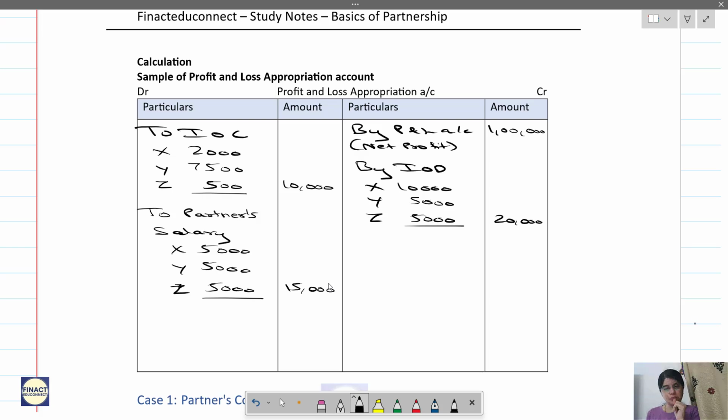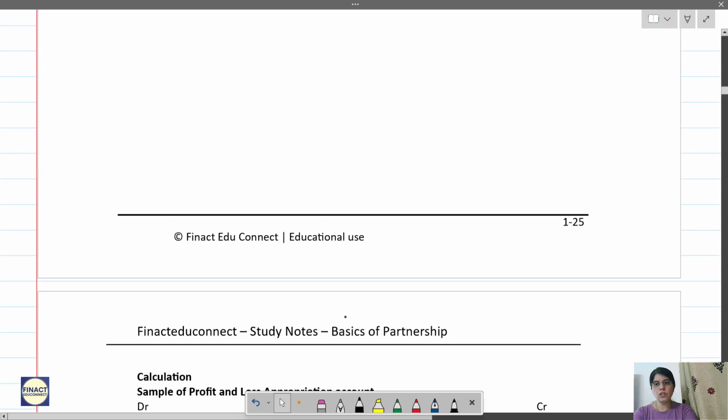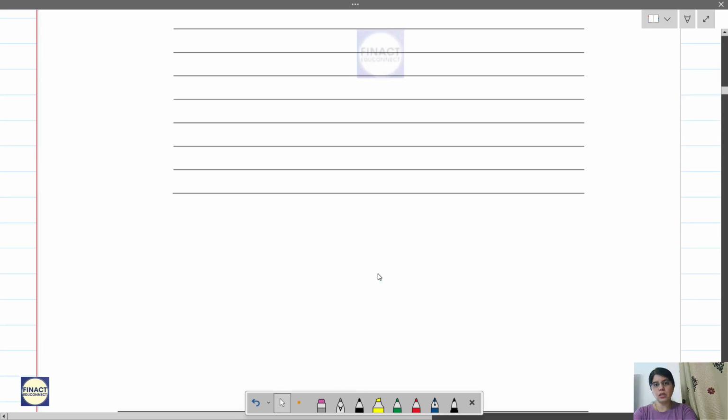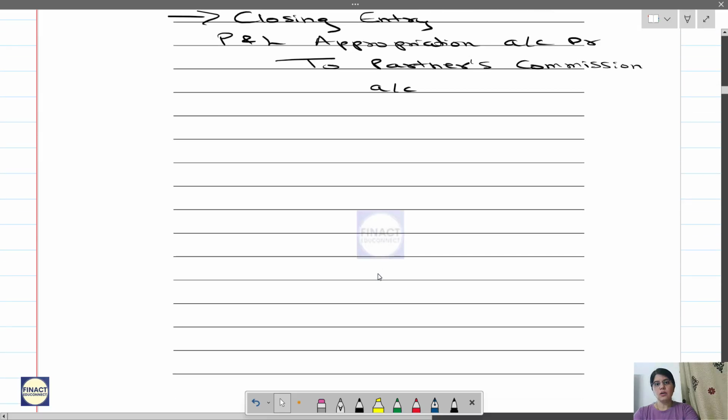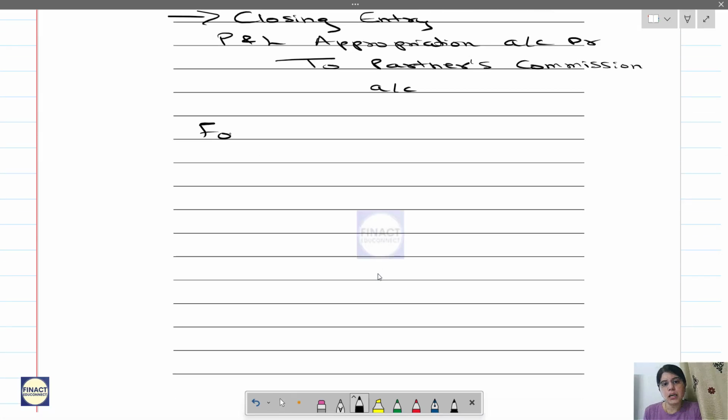Done. Now see here, two words you have to remember for profit and loss appropriation, for calculation of commission. One is before and one is after.